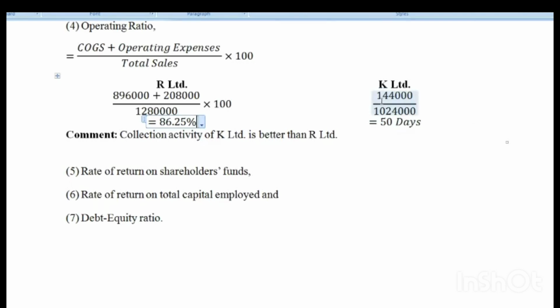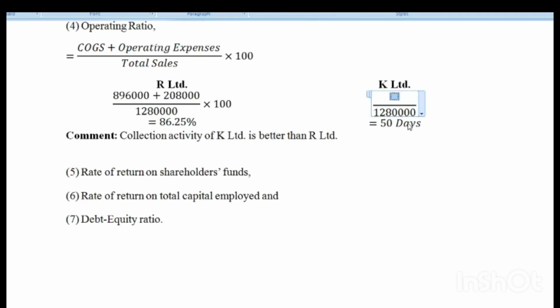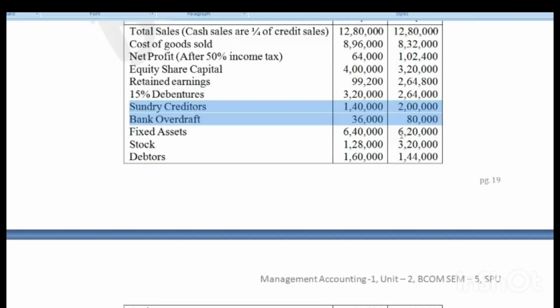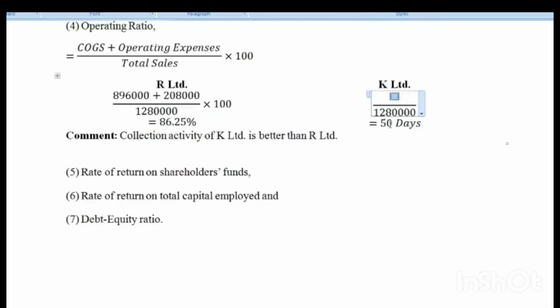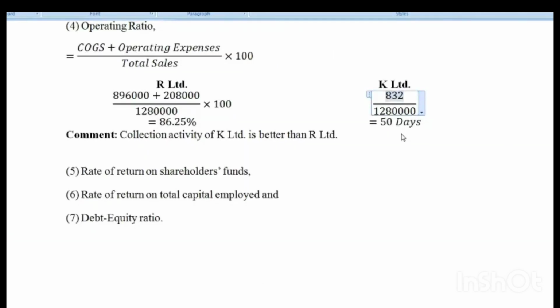Okay. Now for K Limited, again sales are 12,80,000. And what about the COGS? 8,32,000.